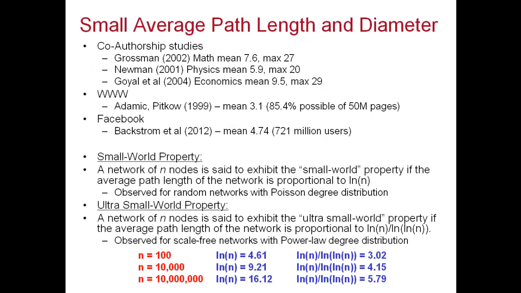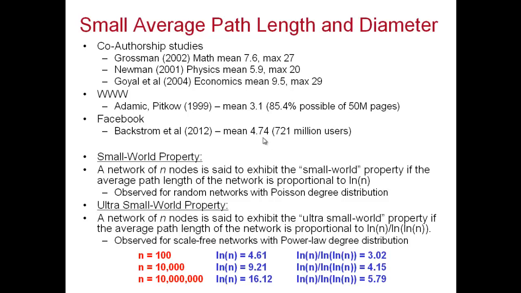Now one important thing to know about the average path length is, for the real world networks that are out there, what is the average path length we see as a function of the number of nodes in the graph. For example, in Facebook you have 721 million users, but the average path length between any two users is 4.74.